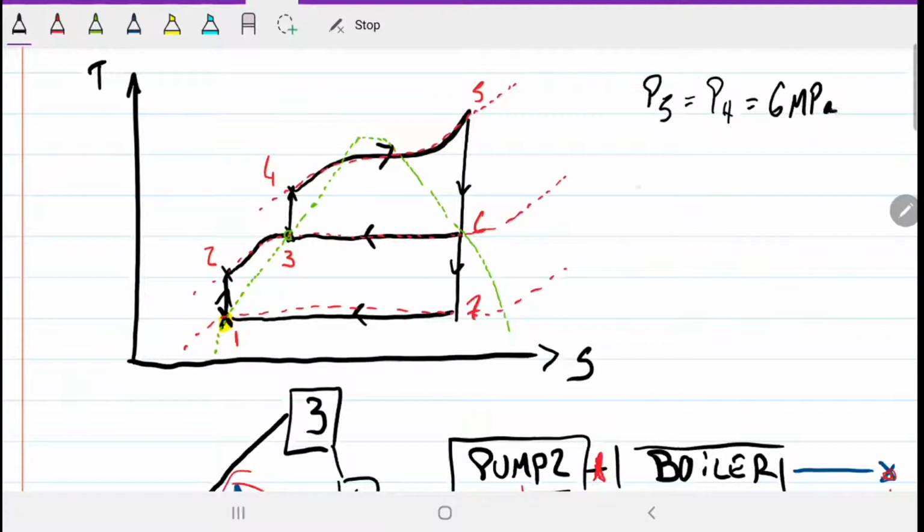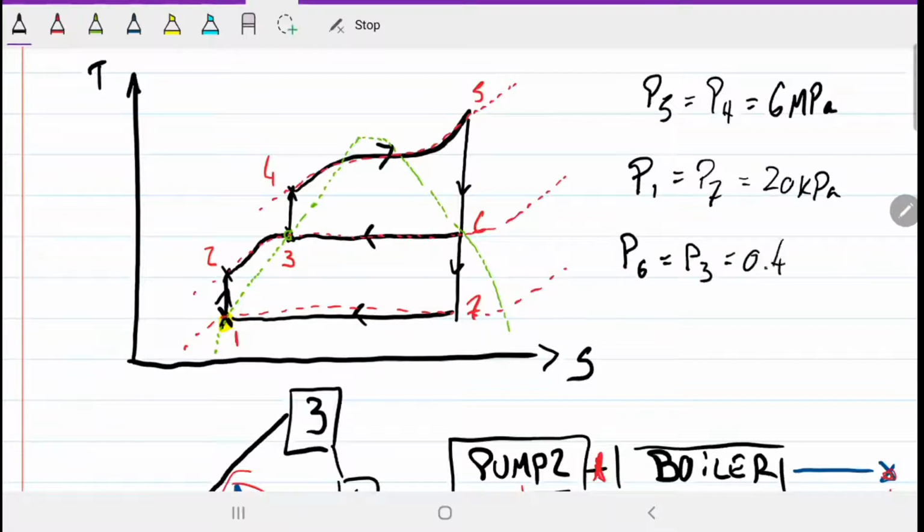We also know pressure 1 and pressure 7, which is also the same, and that is the low end, that's 20 kilopascals. And we know the pressure of the feedwater heater, which is the same for 3 and 6, and that's 0.4 megapascals or 400 kilopascals. We also know T5 before it goes to the turbine, that's 450.